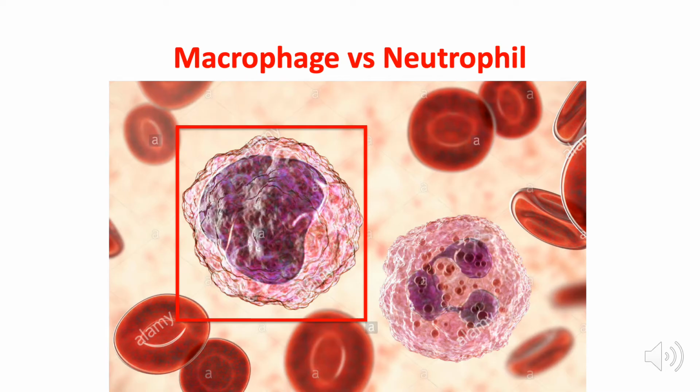So the next question now is, why do you think the neutrophils are best replaced by monocytes, when in fact monocytes do not have granules that will help them digest the material that they have engulfed? Yes, they do have lysosomes, but lysosomes may not be enough to digest the engulfed material.